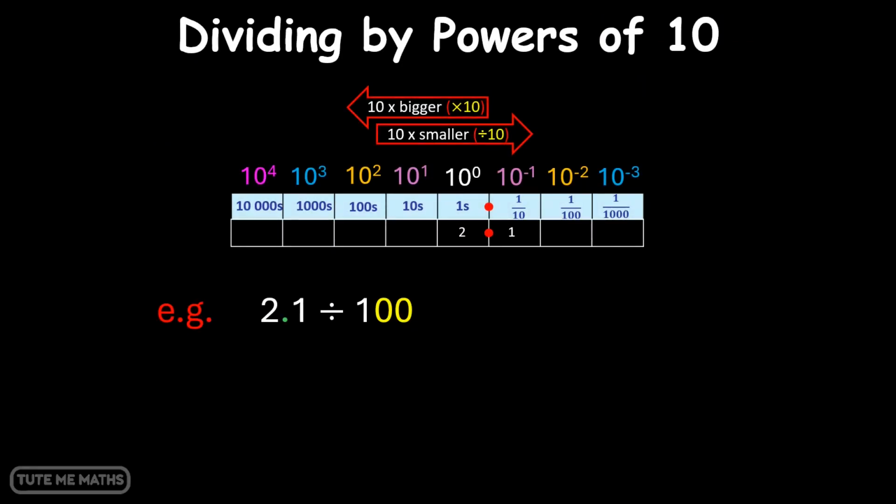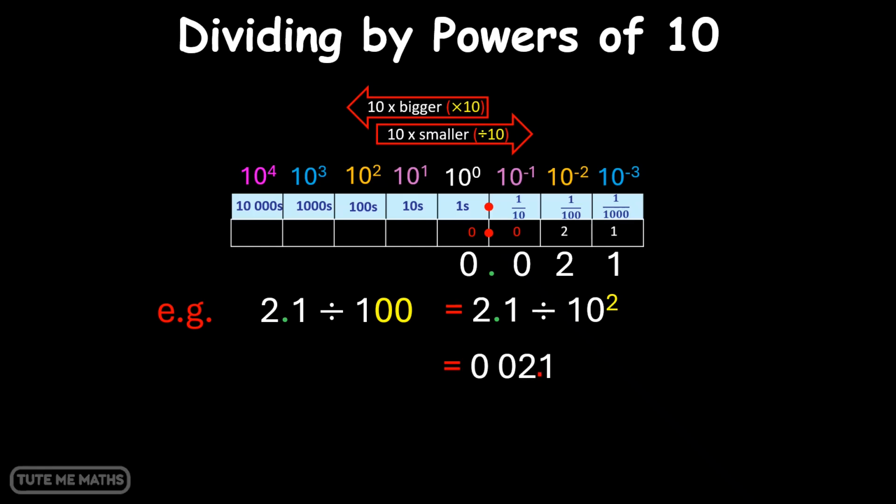Before summarizing and practicing with some more examples, let's take a closer look at why this process works for negative powers. Consider 0.021, which can be written as 2.1 divided by 100. This can also be written as 2.1 divided by 10 squared, which is similar to scientific notation but has a division instead of a multiplication. Scientific notation requires the number to be multiplied by a power of 10 for consistency and because it has been defined this way.